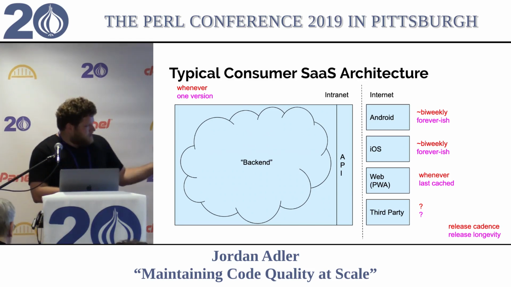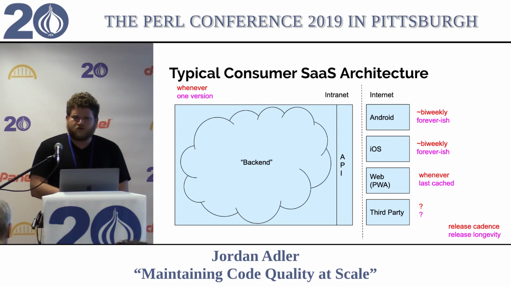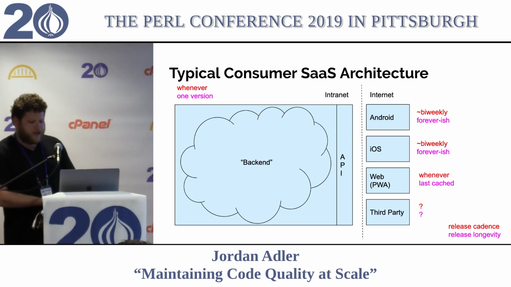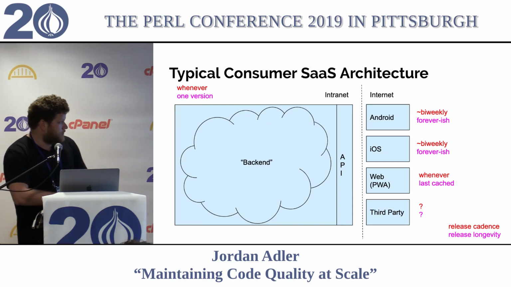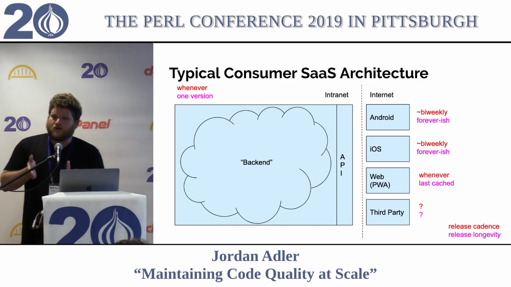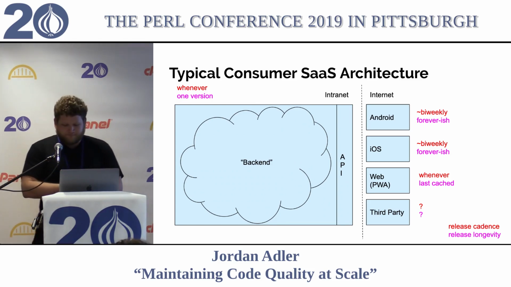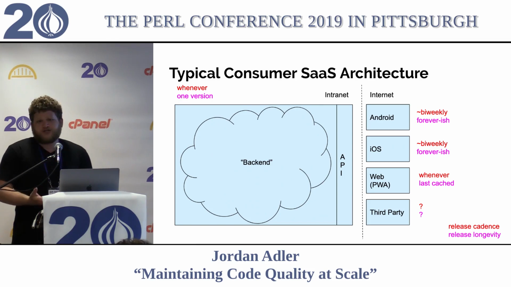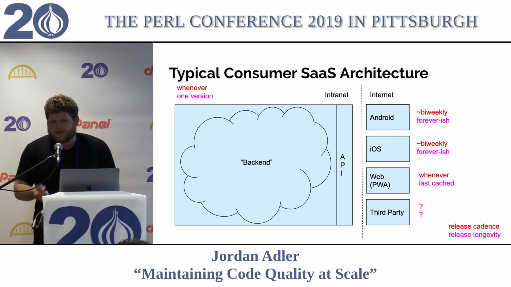On the web side, things have changed. As we've transitioned more towards client-side driven web development with things like progressive web apps and single-page applications, there's a lot of decoupling going on between the back end and that front end, and having a clear delineation that's more in line with what mobile apps have. And so your web app essentially, unlike Android and iOS, when you deploy to your own server, your own CDN, you can deploy whenever, and it updates more or less immediately.